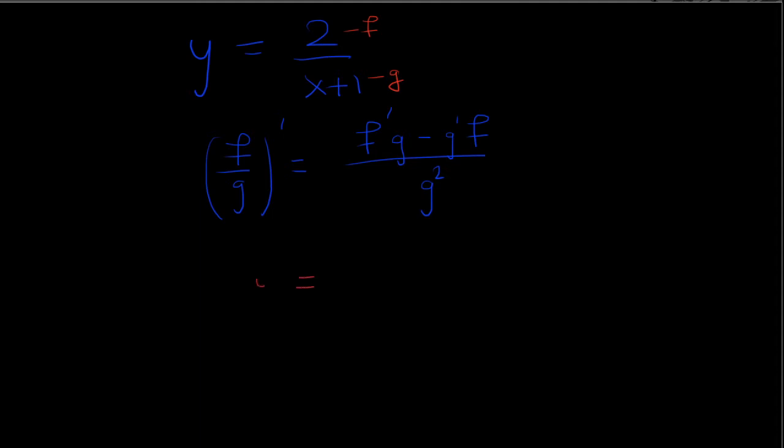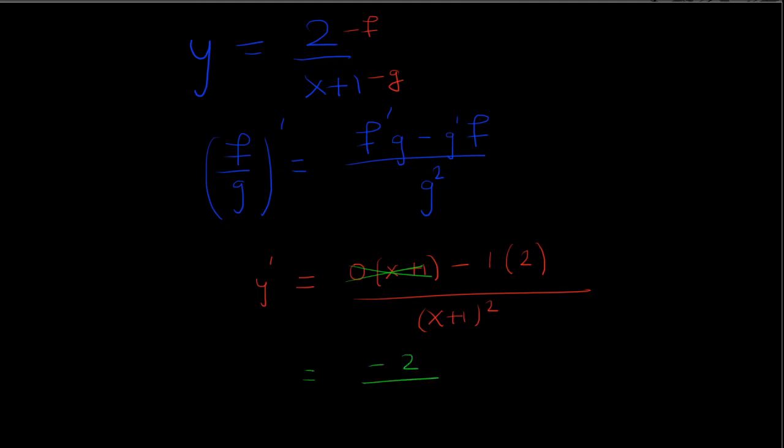So when I take the derivative, I'm going to be taking the derivative of 2, which is 0, times g, which is x plus 1, minus the derivative of g, well, that's just 1, since the derivative of x plus 1 is 1, times f, which is 2, all over g squared. The 0 is going to cancel out the first term, and I'm going to be left with negative 2 over x plus 1 quantity squared.